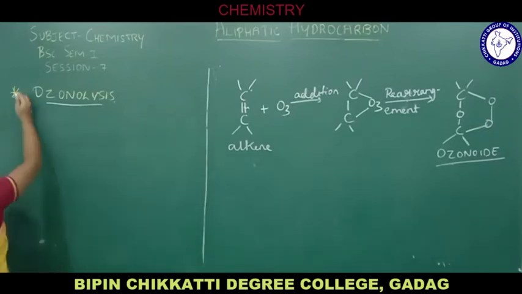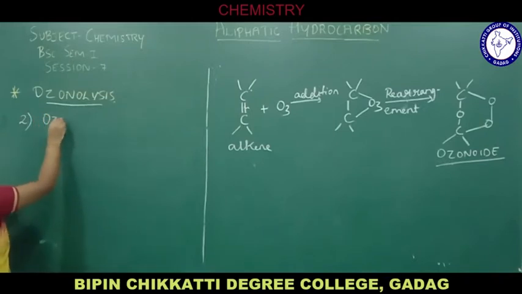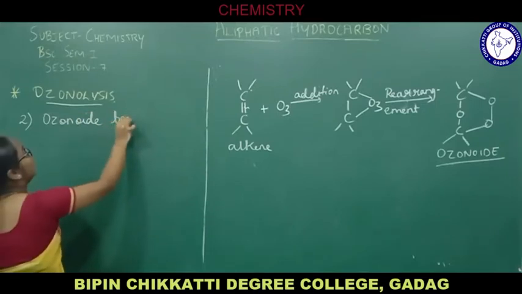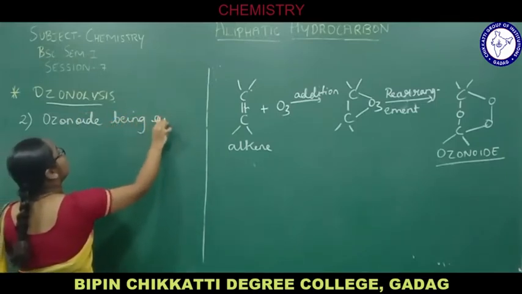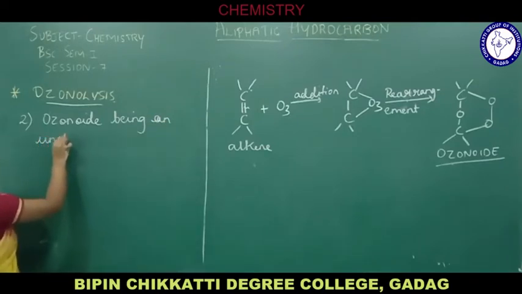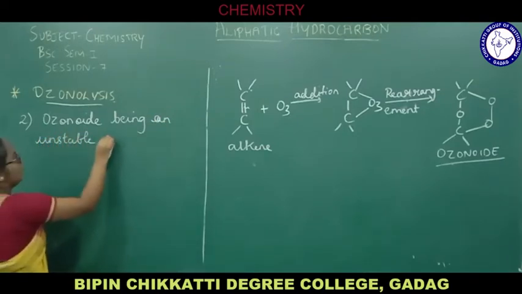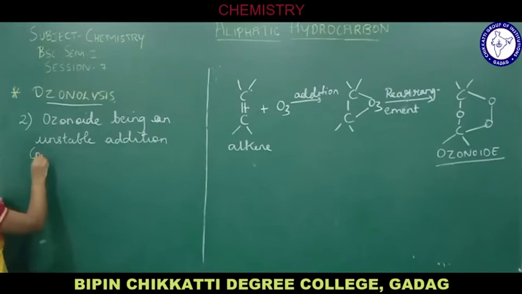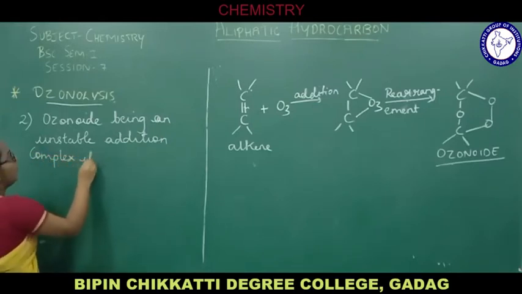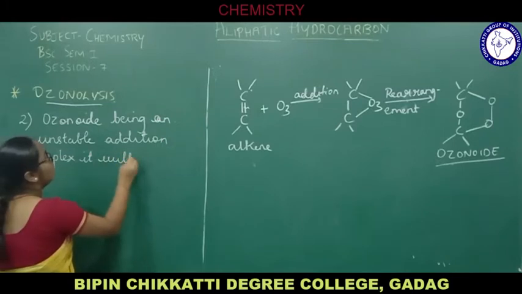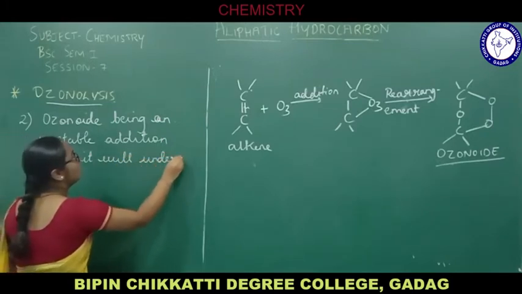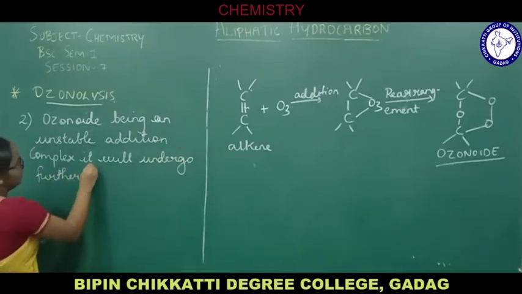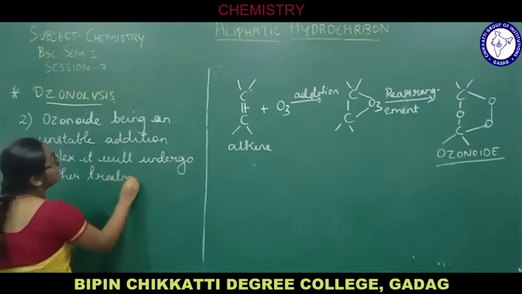So in the second step, the ozonoid, being an unstable addition complex, will undergo further treatment with what?